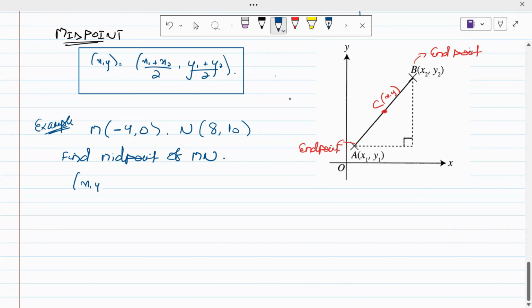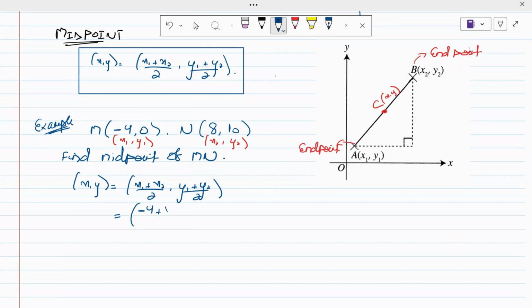So using the formula, x comma y equals (x1 plus x2) upon 2, (y1 plus y2) upon 2. We take this point as x1, y1 and this as x2 comma y2. So x1 plus x2 upon 2 means it would be (minus 4 plus 8) upon 2 comma (0 plus 10) upon 2.